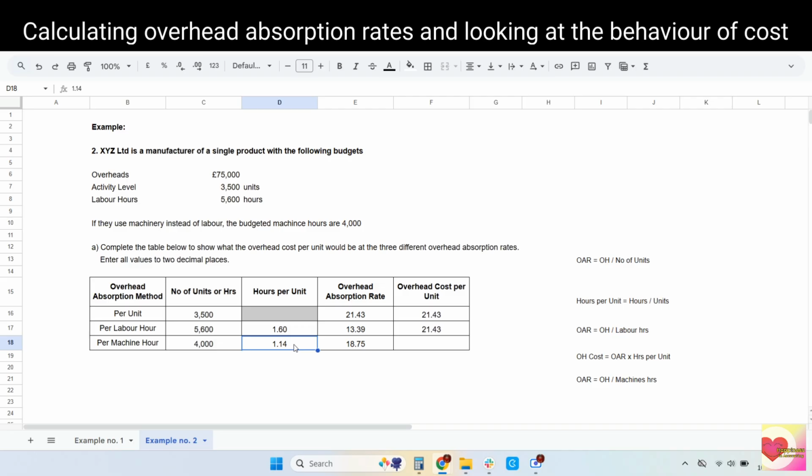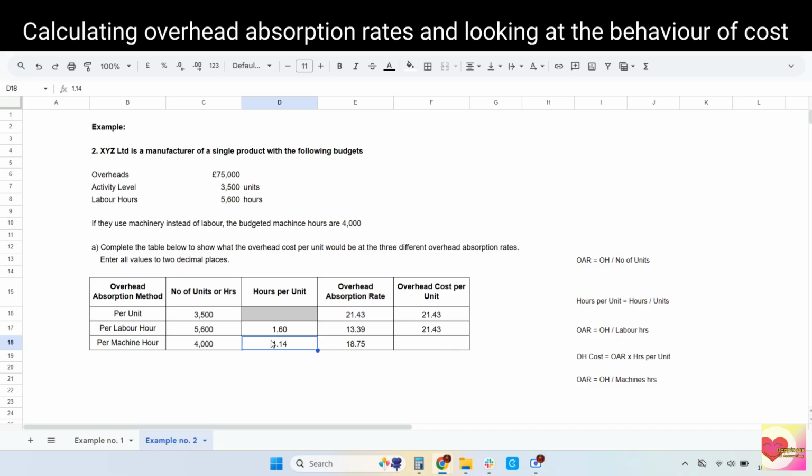Remember, we shouldn't round off until we get the final answer. But if you are wondering why we rounded it off here, it's because this is the final answer for this column, so it should be rounded off. But for the overhead cost per unit column, we have to round off when we get the final answer.